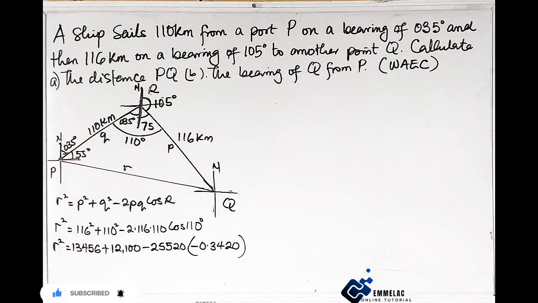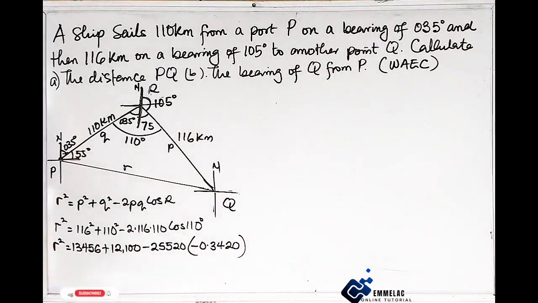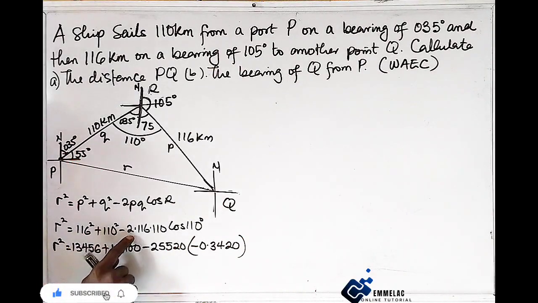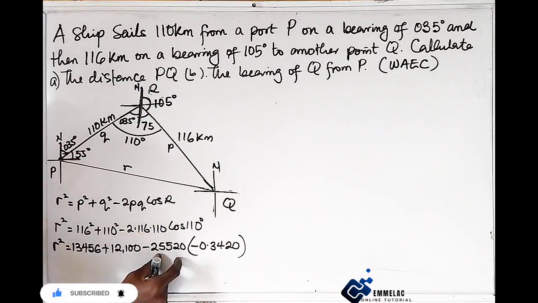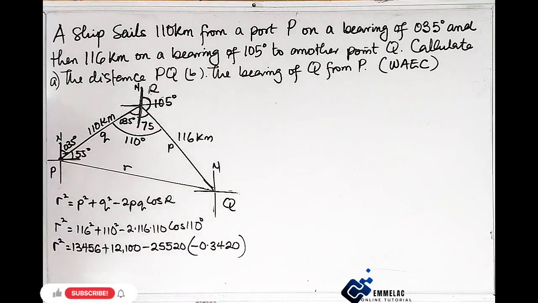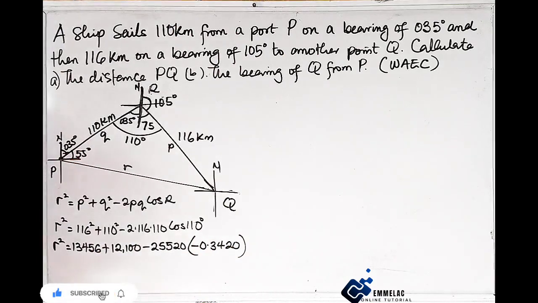Now we evaluate all this expression to get our value. 116 squared is the value, 110 squared is the value, and the product of 2, 116 and 110 is this, and the value of cos 110 is this. Take note that cos 110 is in the second quadrant, which makes it negative.